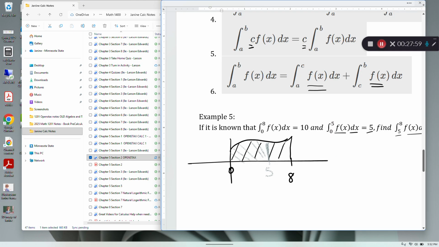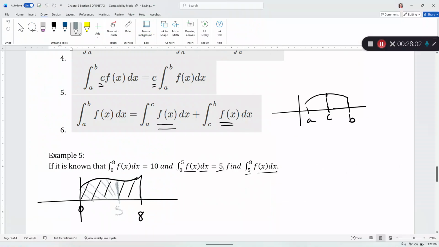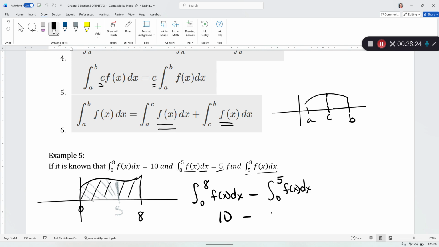Taking the area of 10 and we'll take 0 to 5 off of it. And if I take 0 to 5 off of it, what's left?